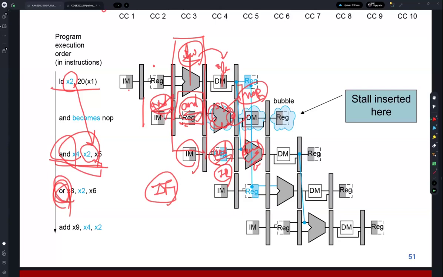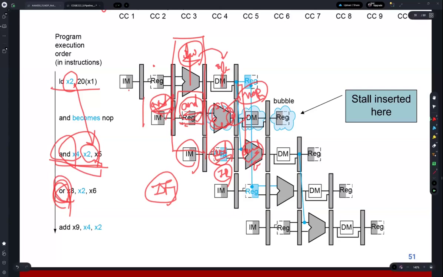But if this program counter value is not changed, then the same instruction stays in the instruction fetch stage. So to make this OR instruction stay there, we just do not update the program counter value.